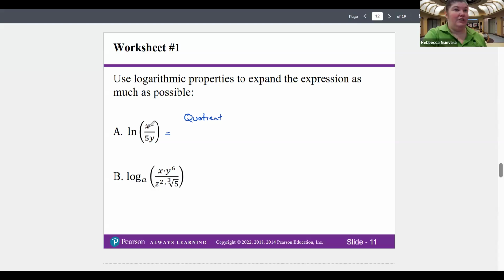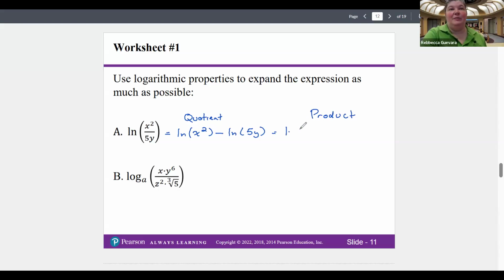So our quotient rule is going to be applied first. So we have natural log, and natural log we just treat like normal log. So natural log of x squared minus natural log of 5y. Remember, you've got a minus here. So now when I use my product rule, the product only gets used on the second part.